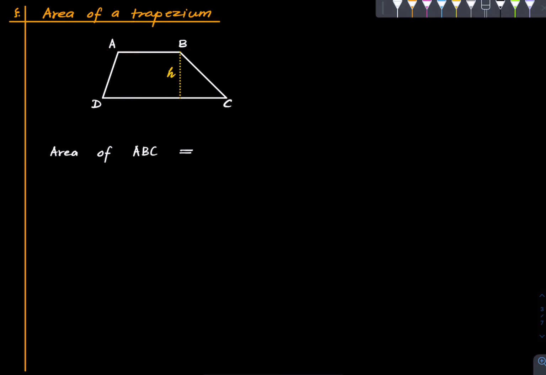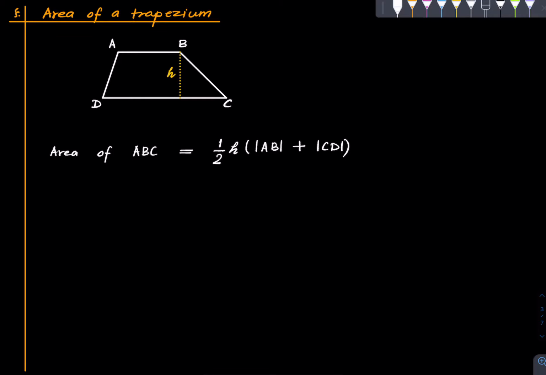We want to express the area of this trapezium in terms of the lengths of AB and CD and H. So what is that area? The area is half of H times the length of AB plus the length of CD.